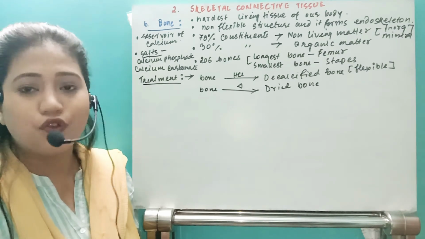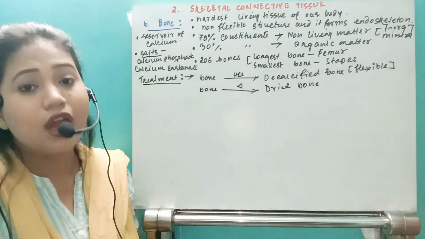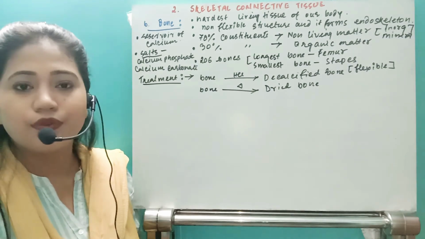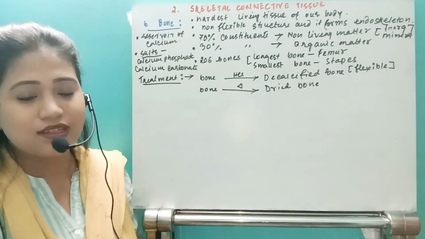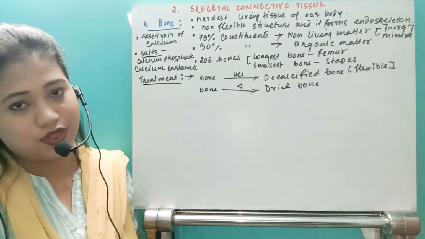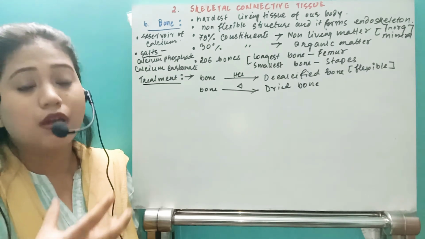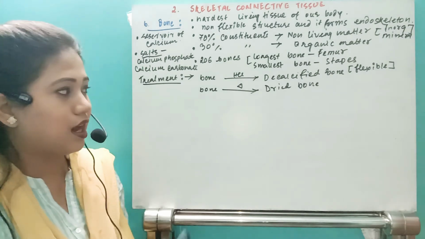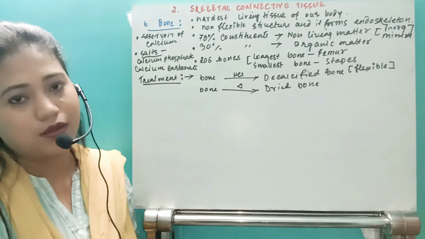If it comes to the dried bone, it will have only the inorganic materials, only the minerals, but the bone marrow and the living cells, the osteocytes, will no more be present. Even the bone marrow will be emptied, and the marrow cavity will be there. So those are the differences between decalcified bone and dried bone.